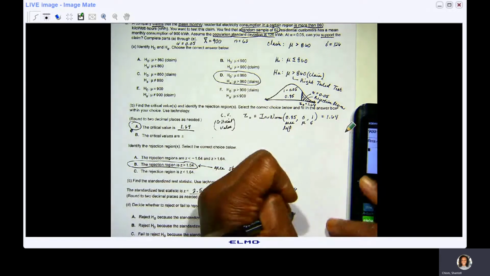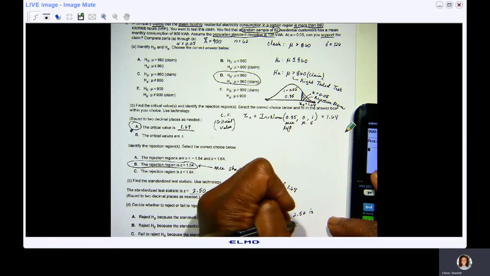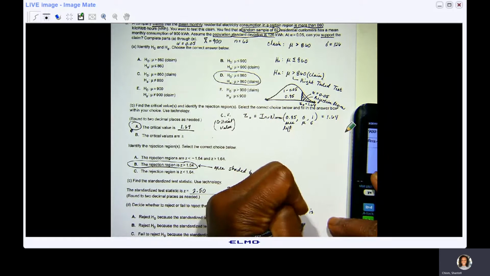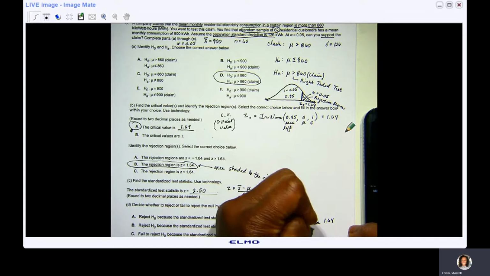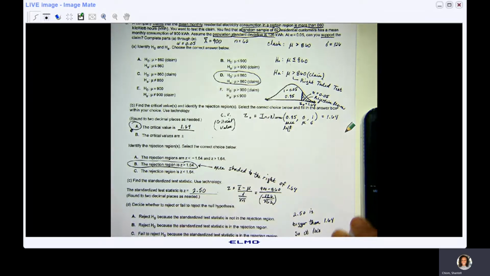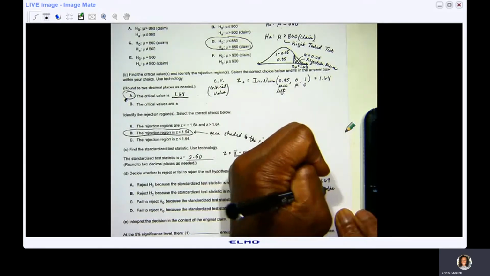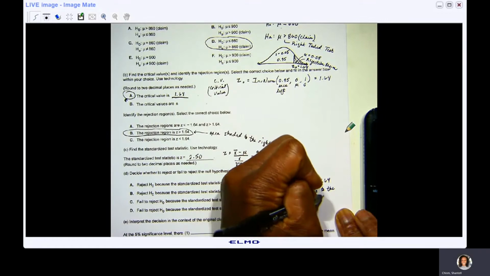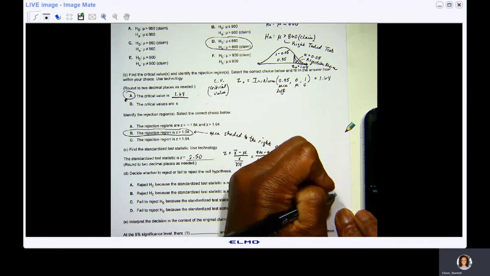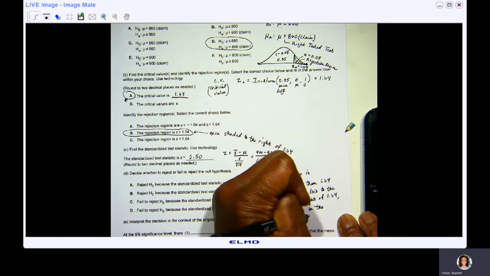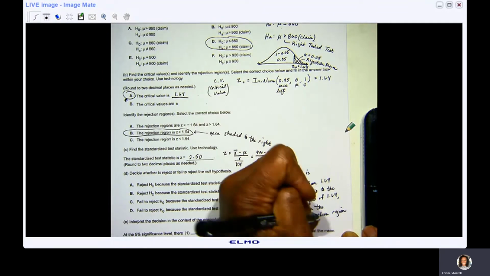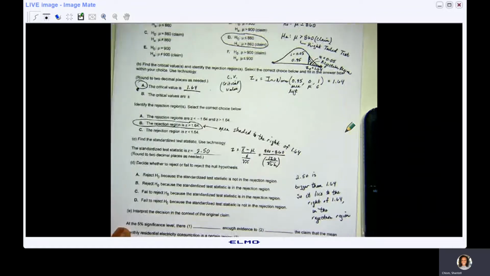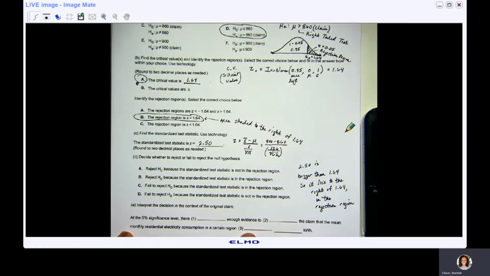So 2.50 is bigger than 1.64, so it lies to the right of 1.64 in the rejection region. Okay, so we are going to reject it because it is in the rejection region.